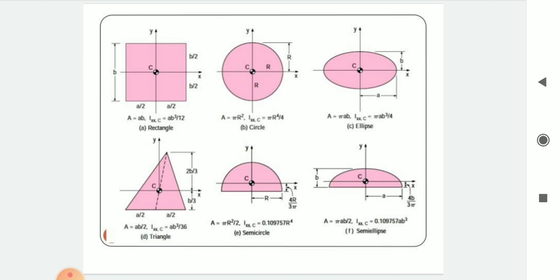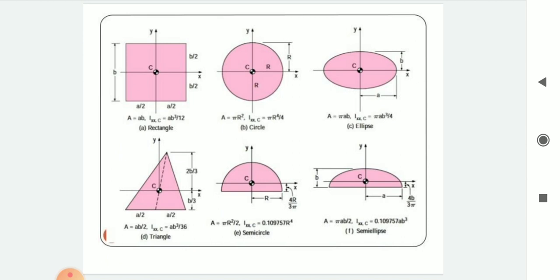Here we see the different shapes: rectangular, circle, ellipse, triangle, semicircle, semi-ellipse, and the center of pressure we can see at C, and the formulas related to those different shapes.